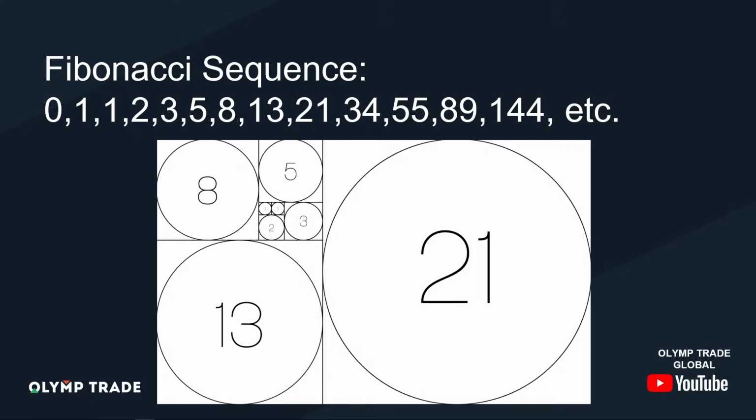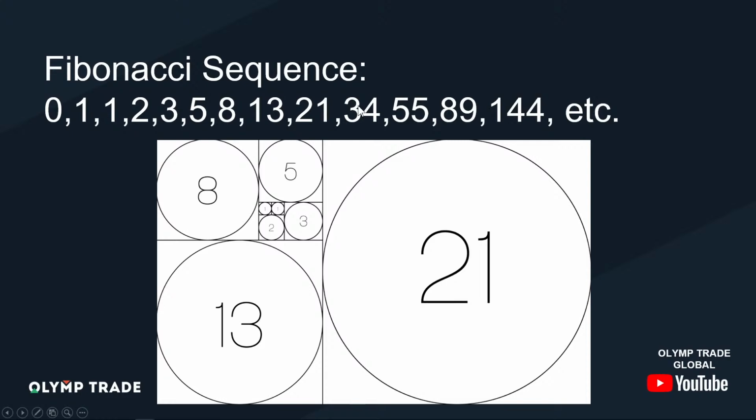So the Fibonacci sequence is as follows. It's 0, then 1, then again 1, 2, 3, 5, 8, 13, 21, 34, 55, 89, 144, and so on. The idea here is to add the first two numbers, which equal the third number, and then you repeat. So as you can see here, 0 plus 1 is 1, 1 plus 1 is 2, 2 plus 1 is 3, 3 plus 2 is 5, 5 plus 3 is 8, 8 plus 5 is 13, and so forth and so forth.